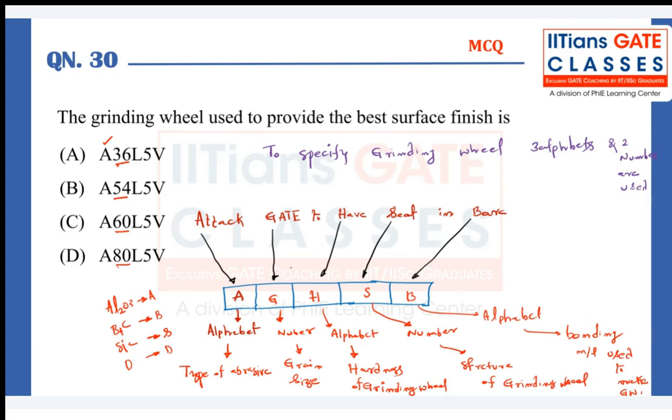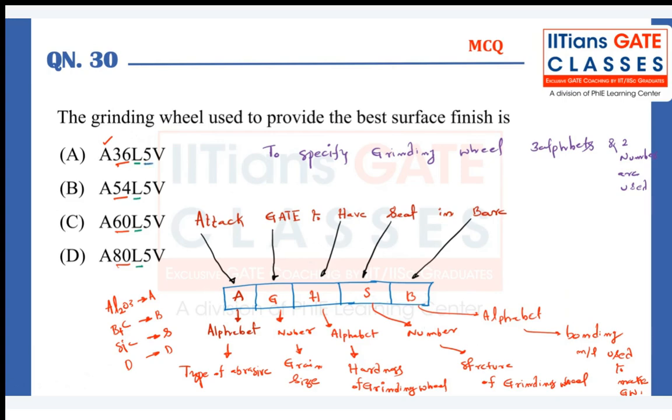All right, guys. This indicates the grain size. This letter indicates the hardness of the grinding wheel, whether it is a soft or hard grinding wheel. Next, number five is used for S, the structure number.